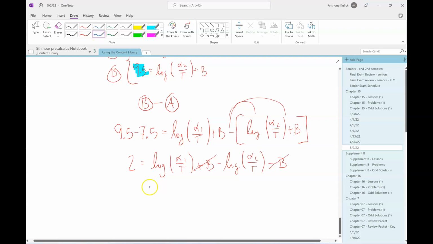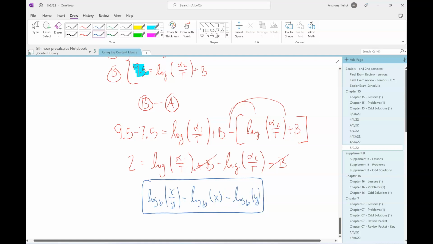Well, I can subtract them, but not probably the way you were thinking. Remember, we have the quotient property from 15.3, the previous section.